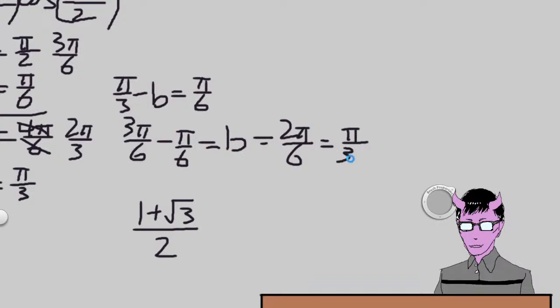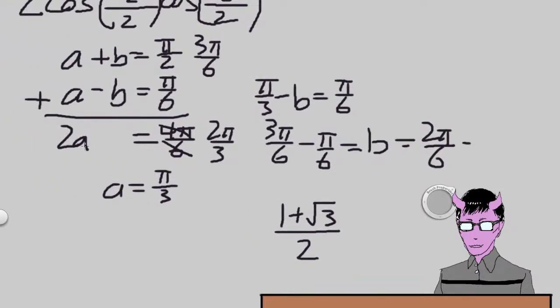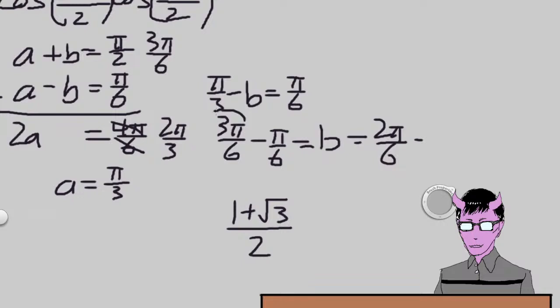Did I do that right? I'm sorry, not pi over 3. Wait. Hopefully I didn't goof something up. Let me double check something. Yeah, A is pi over 3, and then... Oh, I multiplied this incorrectly. Pardon my mistake. Okay, so again, this is going to be pi over 3.